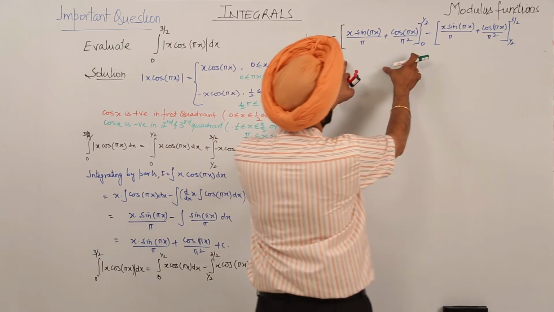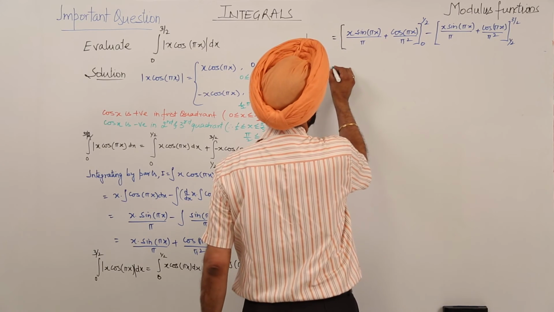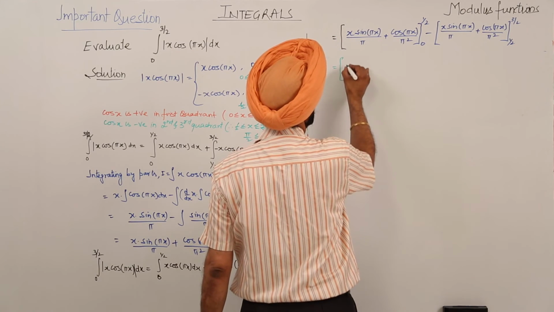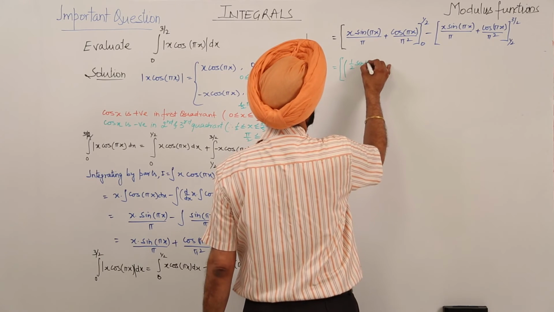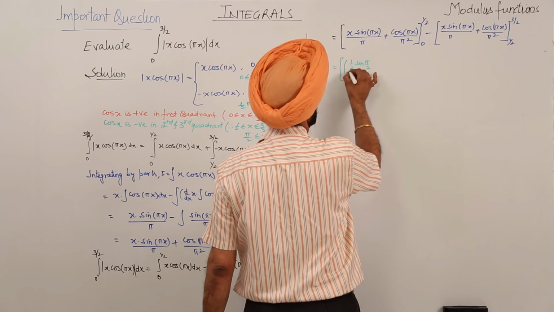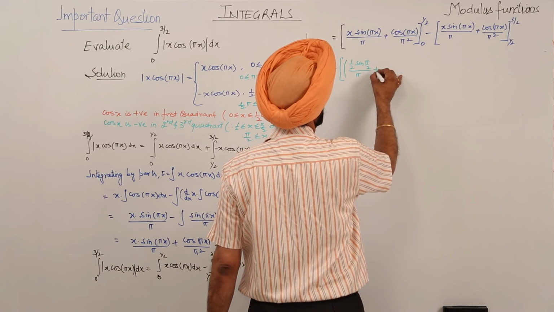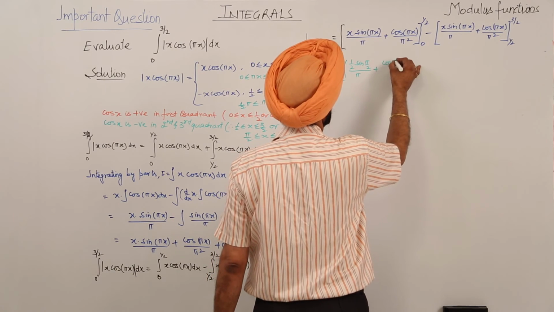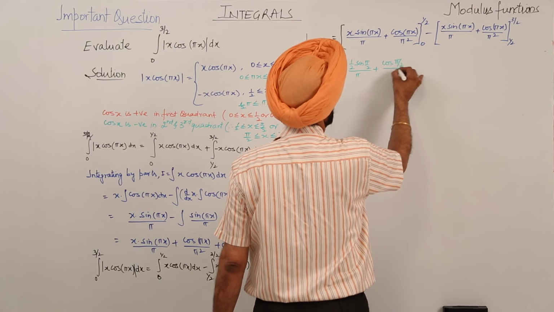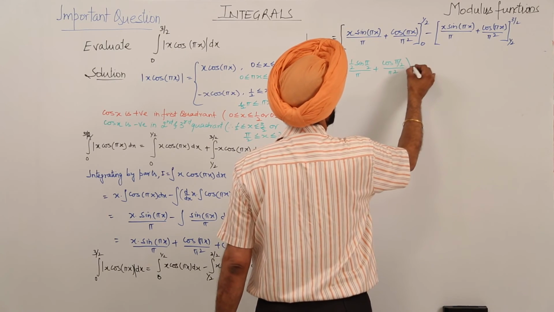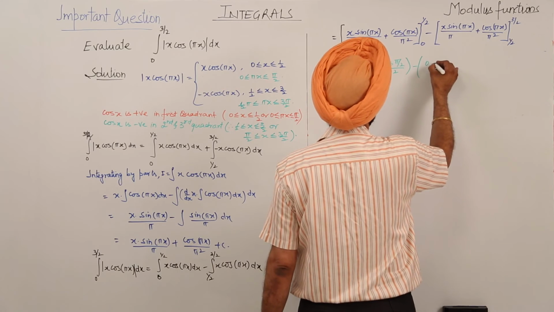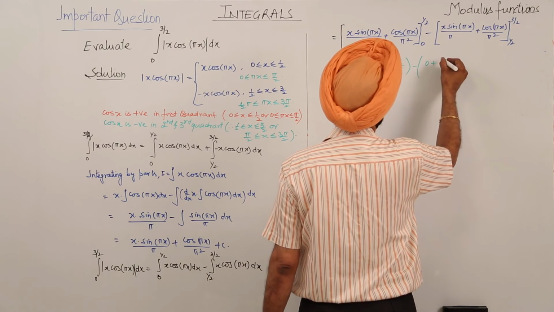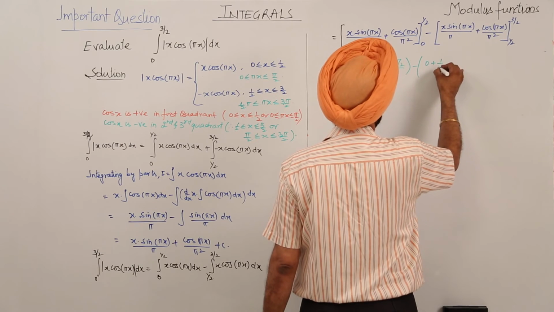Now the first part is equal to half sin pi/2 upon pi plus cos pi/2 upon pi square, minus 0 plus 1 upon pi square.